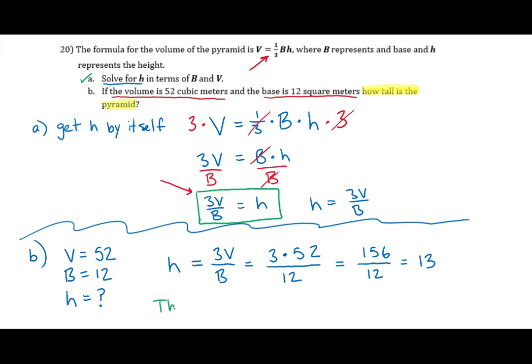We could say the pyramid is 13 meters tall. So I'm bringing the units back in, and just be careful with the units. The height is a length, so that's measured in meters, not square meters or cubic meters. Length is the first dimension, so that's just meters. All right, that does it for number 20.